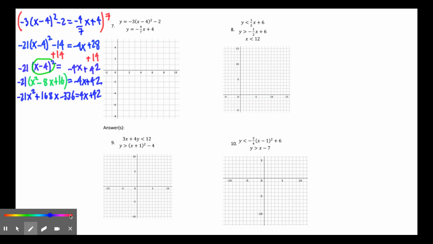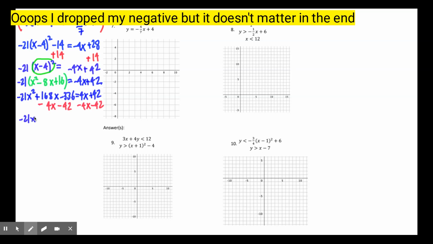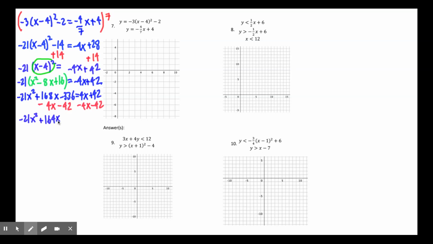Okay, and then you want to subtract 4x and 42. And you get 164x minus 378.